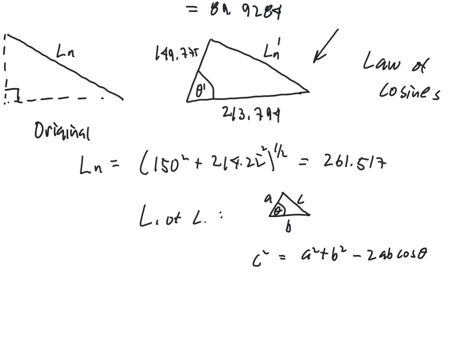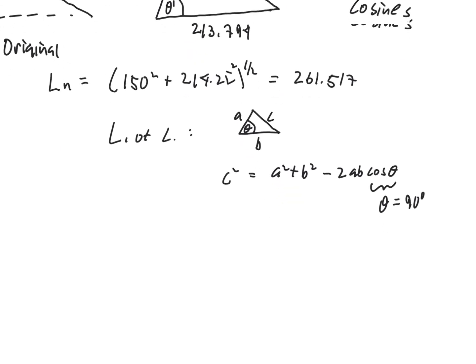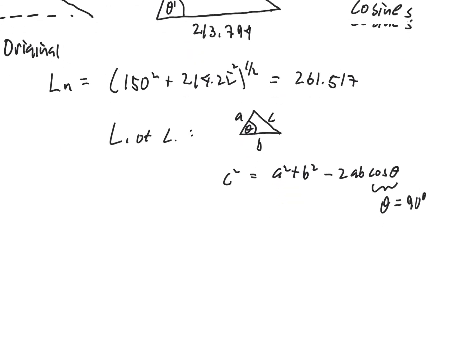And the nice thing about this expression, because we can always kind of check it, remember when theta is 90 degrees, cosine of 90 is 0, and that goes away. We just recover the Pythagorean theorem. So now we just have our expression for C, which is going to be our L sub n prime.